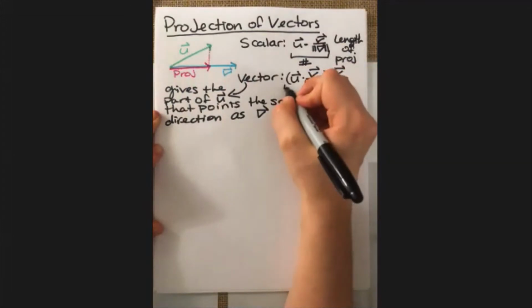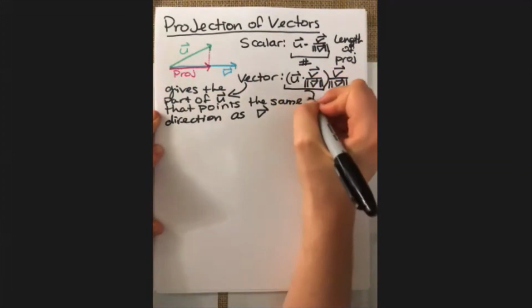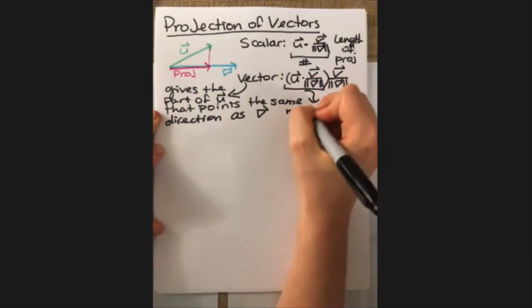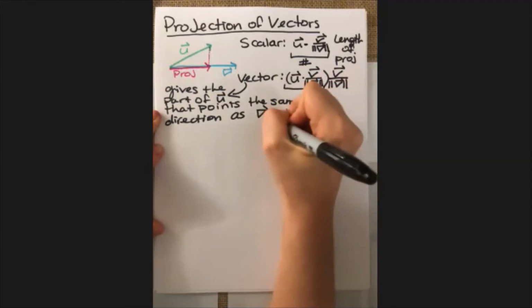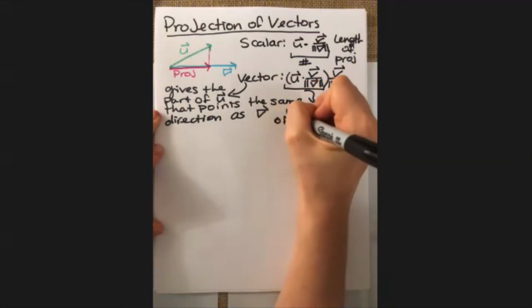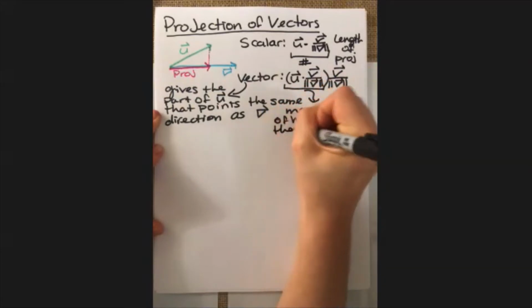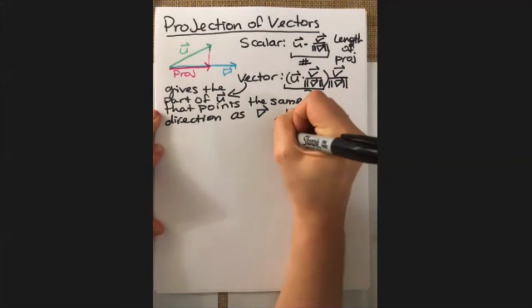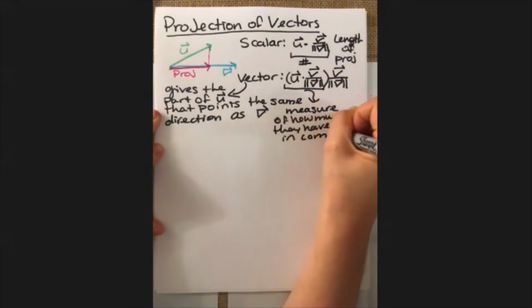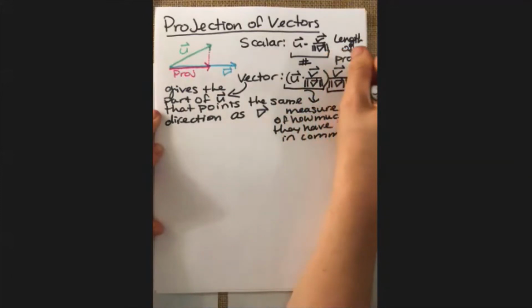And this number right here is a measure of how much they have in common. And this piece right here simply gives direction. Okay.